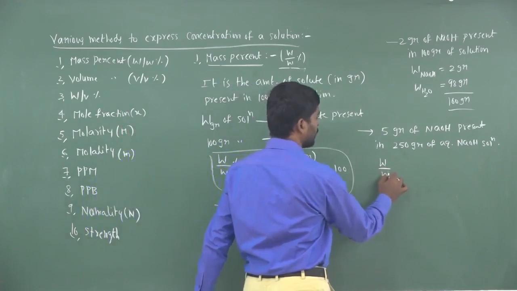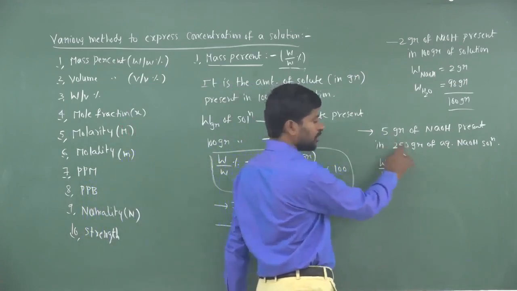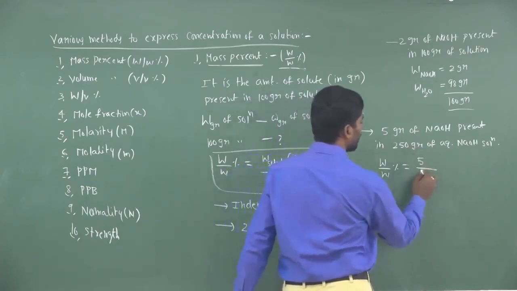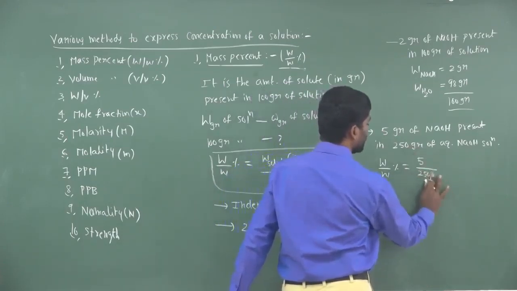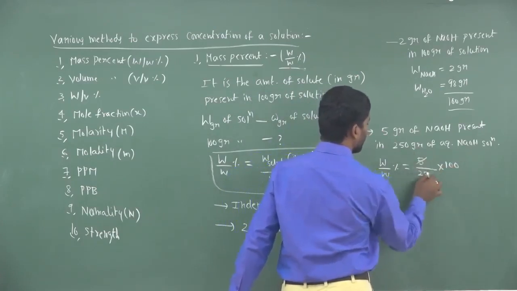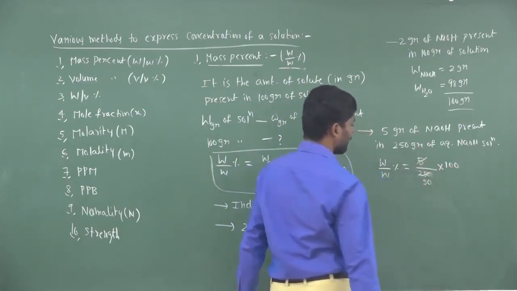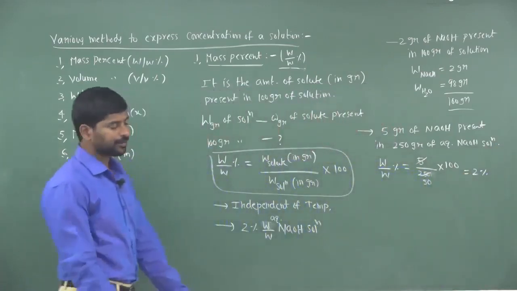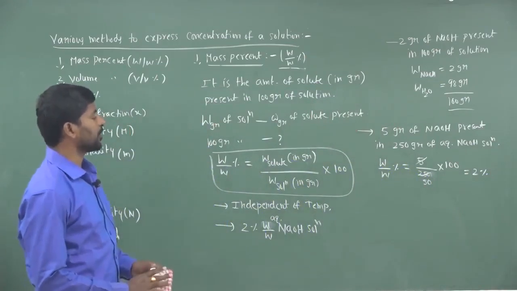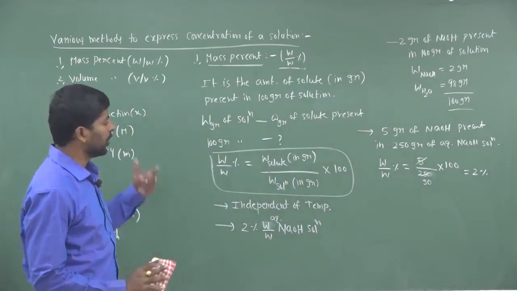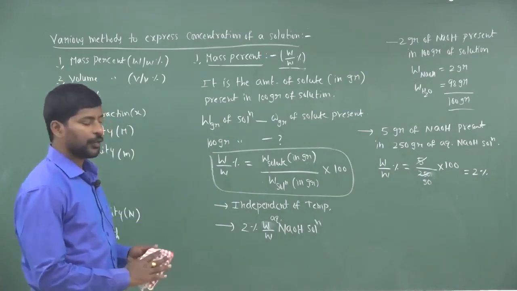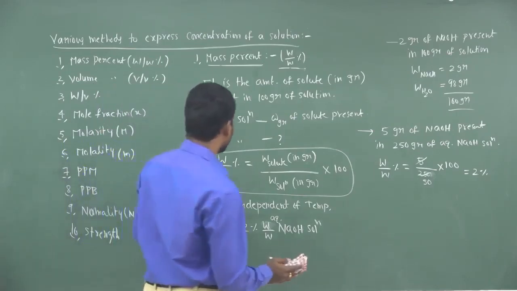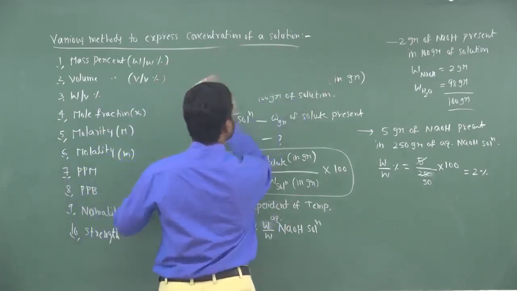Weight by weight percentage is equal to weight of solute, that is 5 grams, by weight of solution, 250 grams, into 100. 5 gets cancelled, so we are getting 2% again. If 5 grams of NaOH present in 250 grams of aqueous NaOH solution, its weight by weight percentage is 2%. This is mass percentage, no unit, independent of temperature.